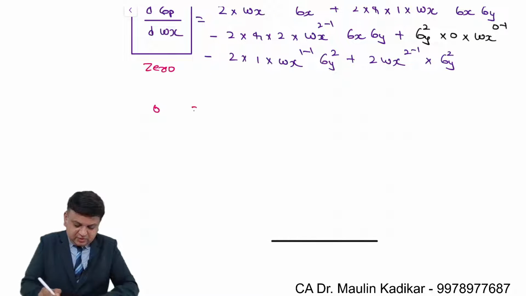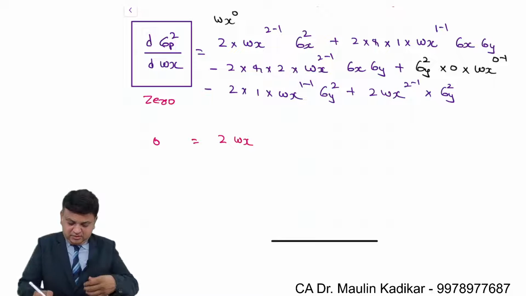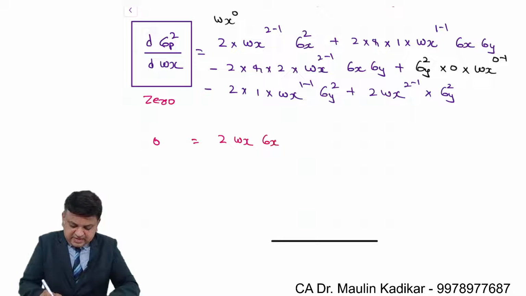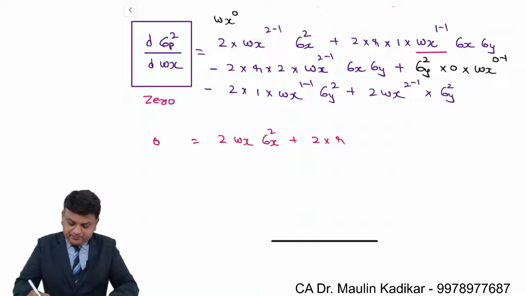So 0 is equal to, now 2 into wx raised to 1 into sigma x square, plus 2 into r. Now this is wx raised to 0, and anything raised to 0 will become 1, into standard deviation x into standard deviation y.